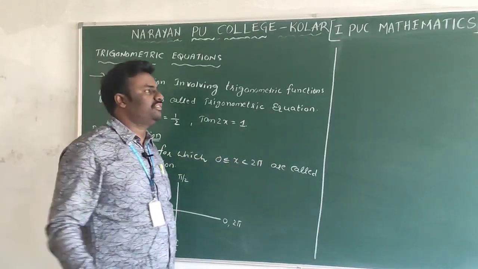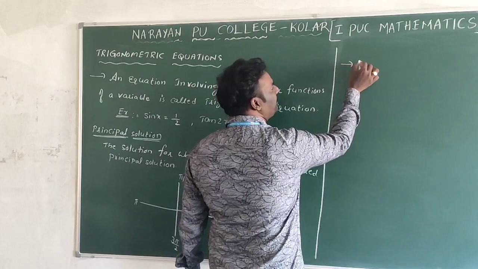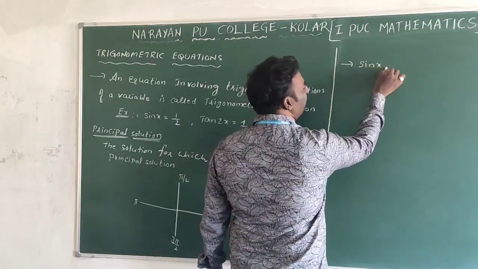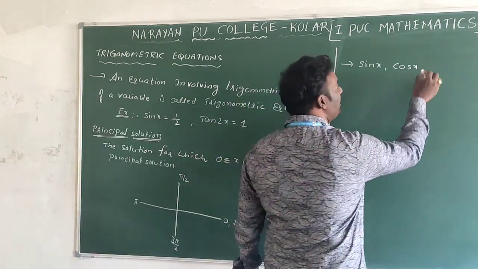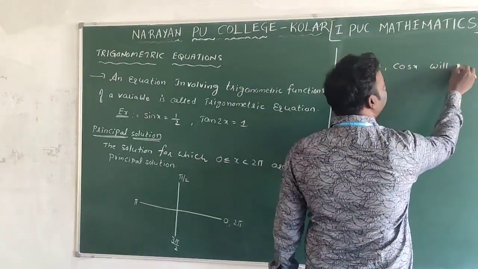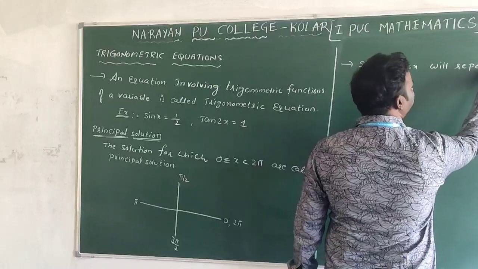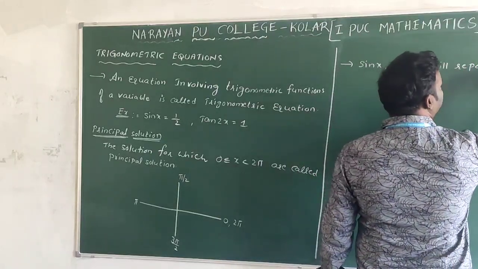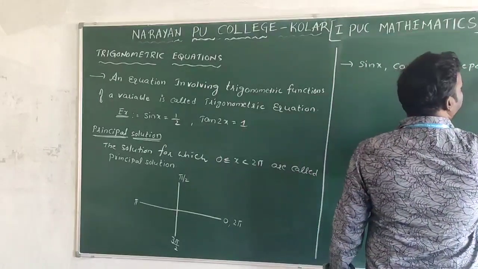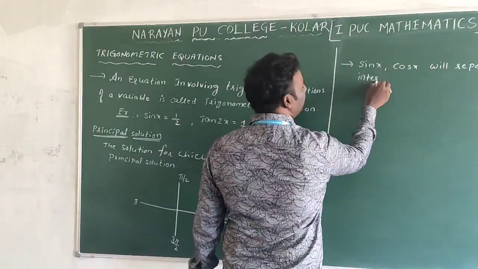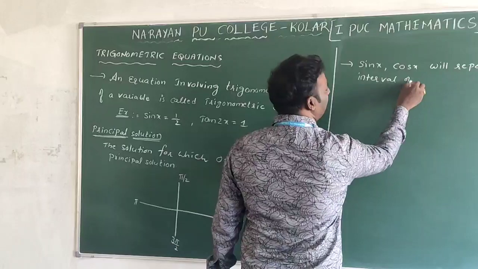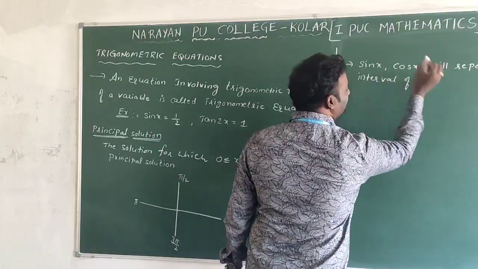So from this graph we know that the sin x function and cos x function both will repeat after an interval of 2 pi.